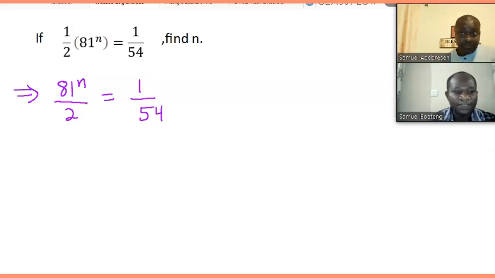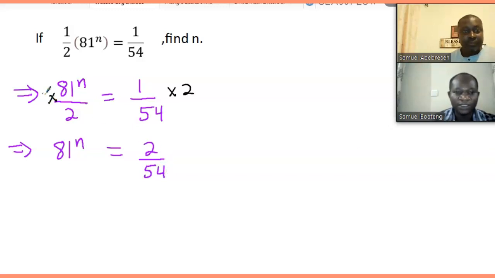With this, care must be taken here. This implies that 81 raised to the power n is equal to 2 on 54. Yes, 2 will go here; we multiply 2 by 2.